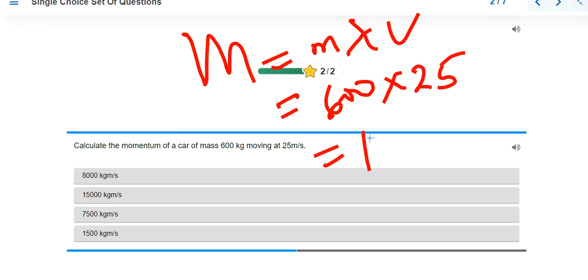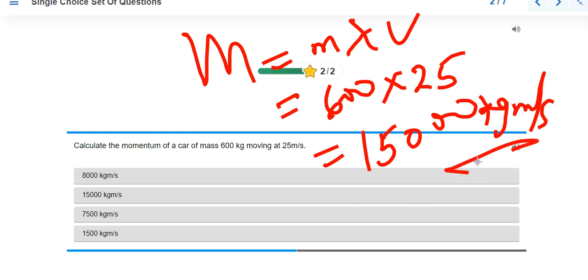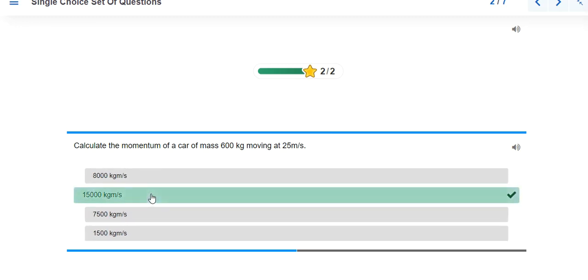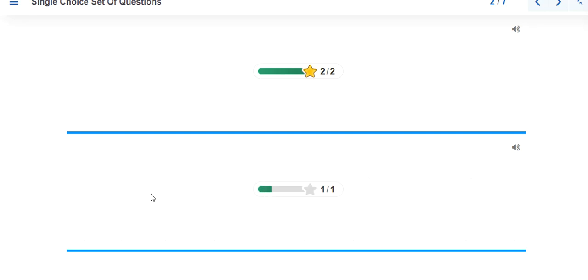That will give 15,000 kilogram meter per second. Is it part of the options? Yes, let's check. Correct. Now let's move on.